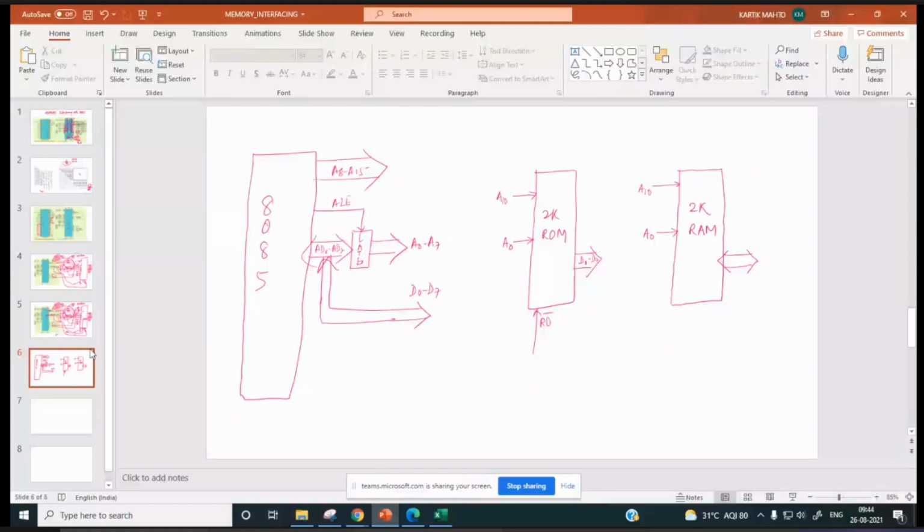Here you will have read bar pin for reading data from RAM, and a write bar pin also for writing data onto the RAM. Now this D0 to D7 will be connected to this pin. A0 to A7 will go over here. Out of this, some will come over here, and this will go to this. It will be connected like this.